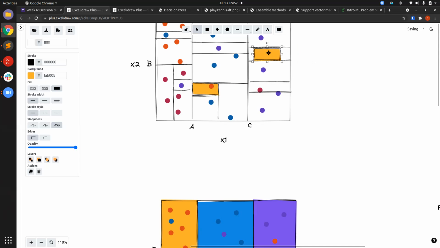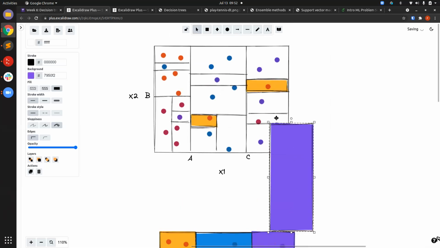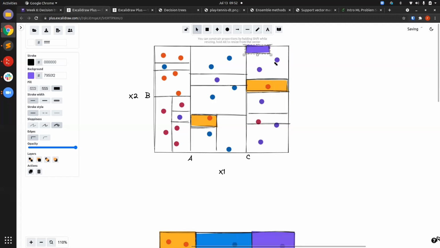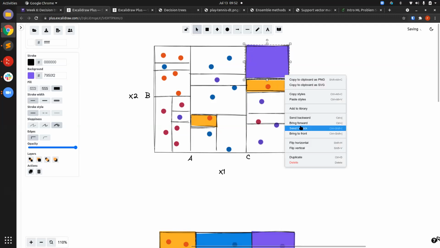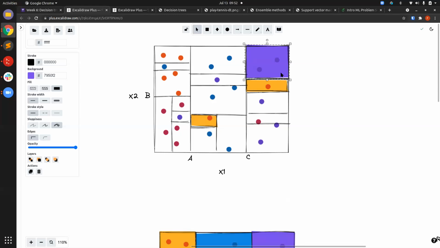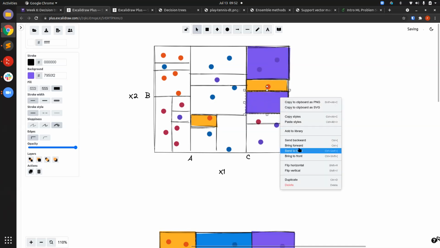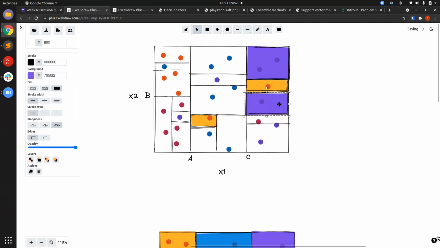Here, for example, you're going to learn these little regions as orange, all of these regions as purple. So you'll end up with very good training accuracy.